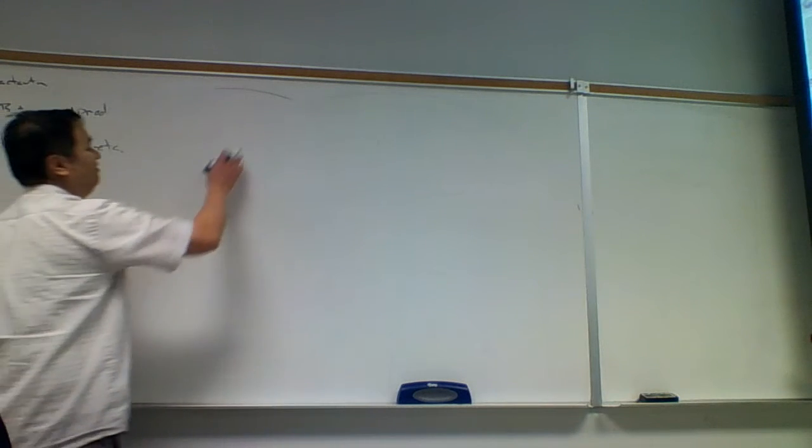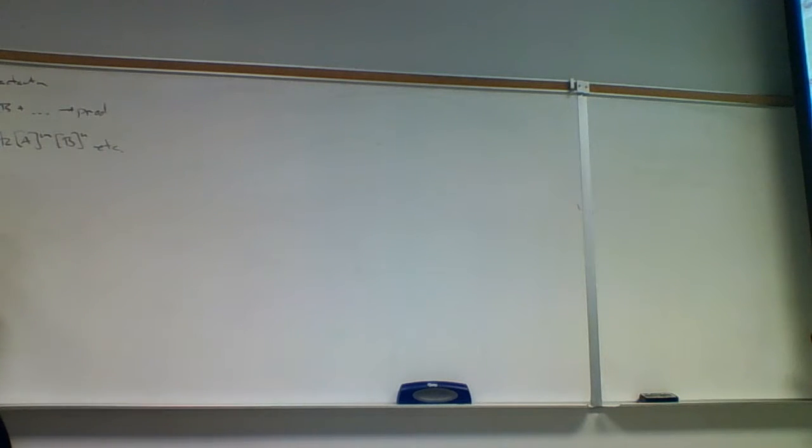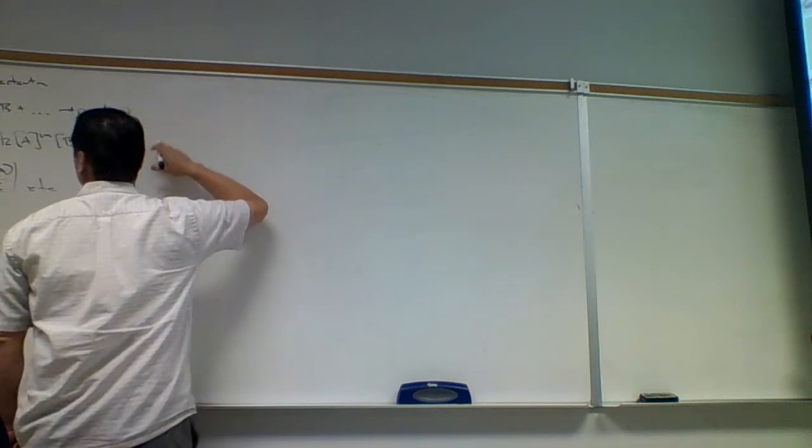Now, is that very useful? Well, it depends. The rate is just equal to 1 over a, Δ[A] over Δt, etc. Not so much. What we want to know is how long it takes.